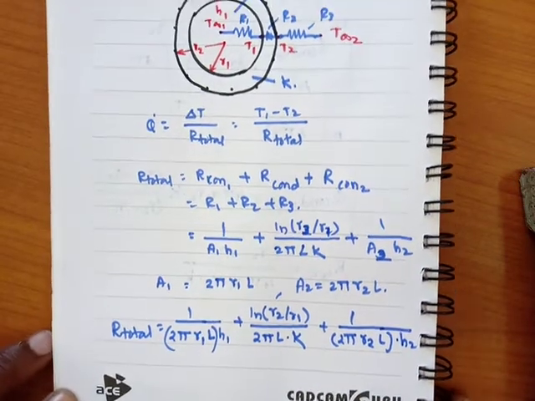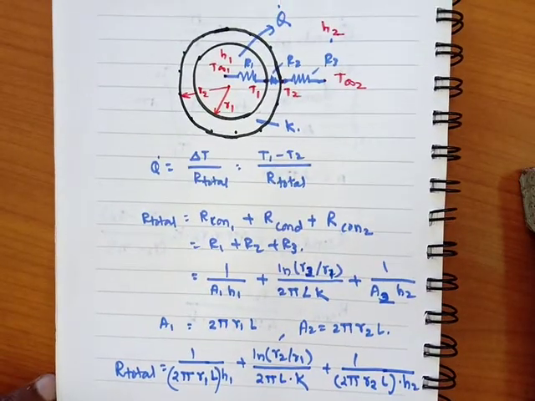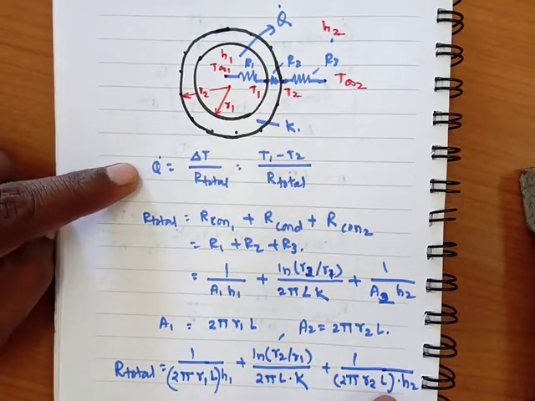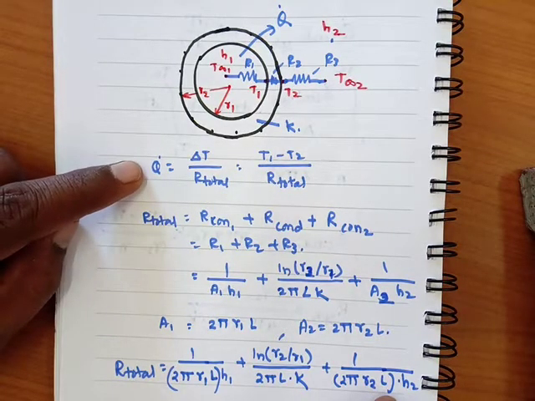So this is the thermal resistance in this figure. If you substitute all this in this formula, we will get the total heat transfer from this cylinder.